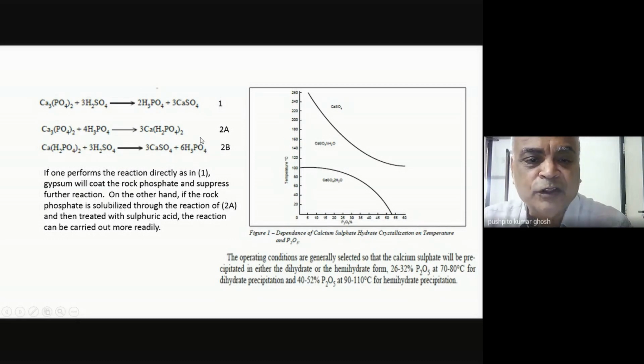So it's a very clever way of circumventing the problem of the coating of the rock phosphate with calcium sulfate, that you first react with phosphoric acid, make this, and this does not form a coating as they found, and then further this is reacted with sulfuric acid, and you end up getting this. That's not the whole story. That's only part of the story.